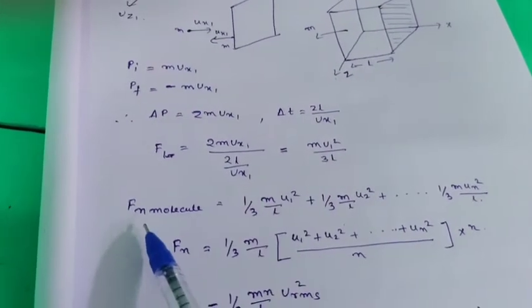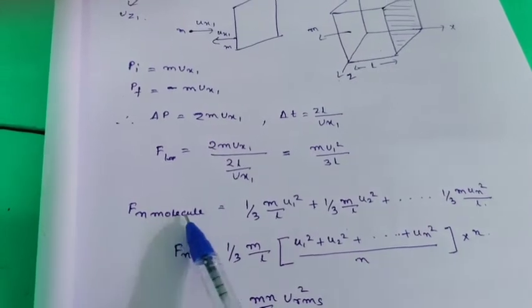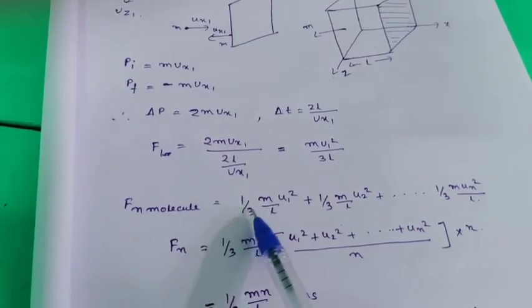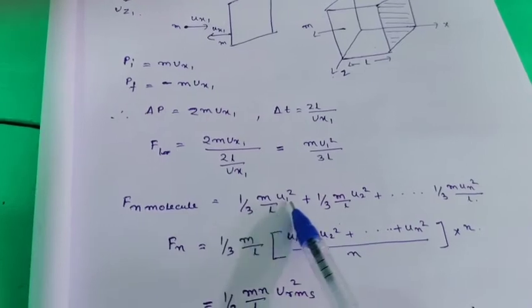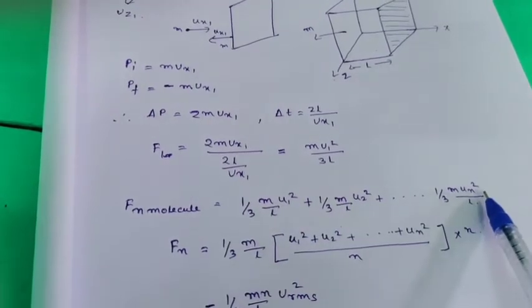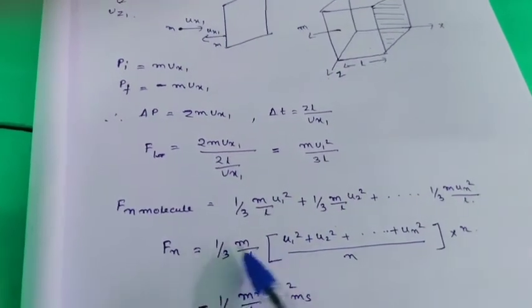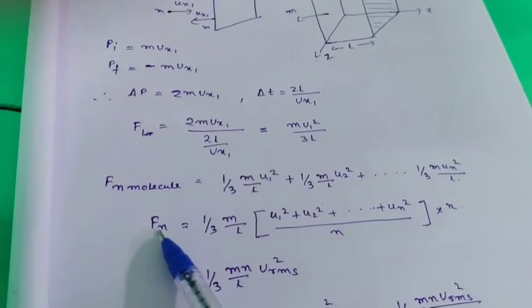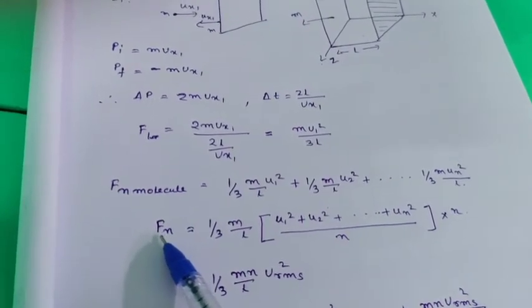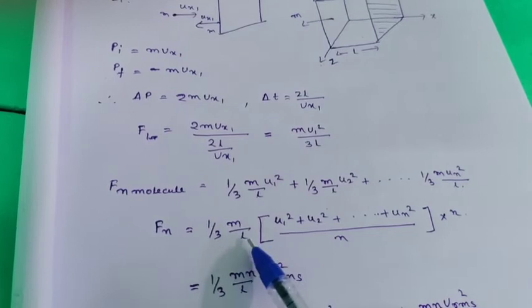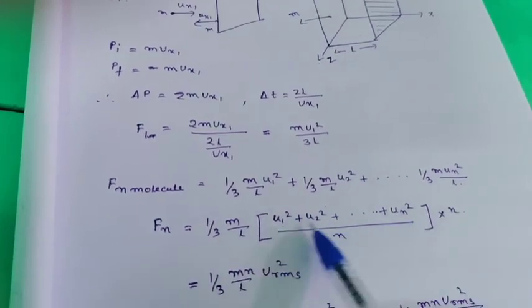Then we can calculate the force for the n molecules. Finally we come to the conclusion that F equal to 1 by 3 m by L times the sum of u square.